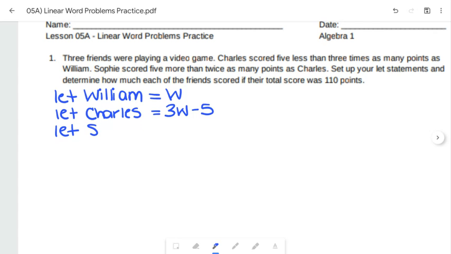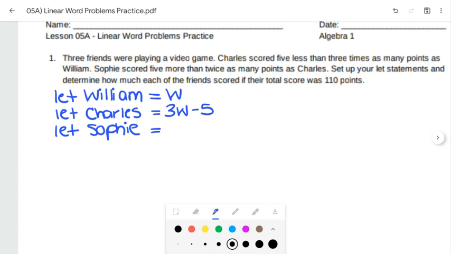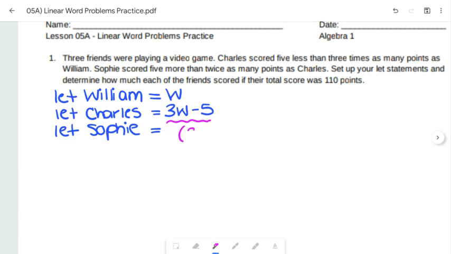And then finally, we have Sophie. When we read through Sophie, she scored 5 more than twice as many as Charles. So remember, we already have Charles. That's my 3W minus 5 for Charles.